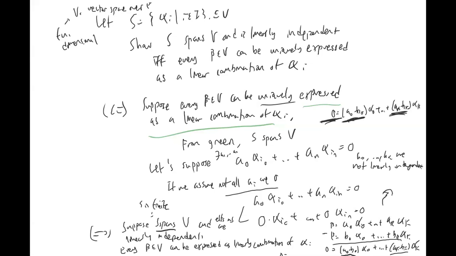Let's talk about one more thing. If we let V and V prime be vector spaces over F, we could define a function phi from V to V prime, and we call it a linear transformation.